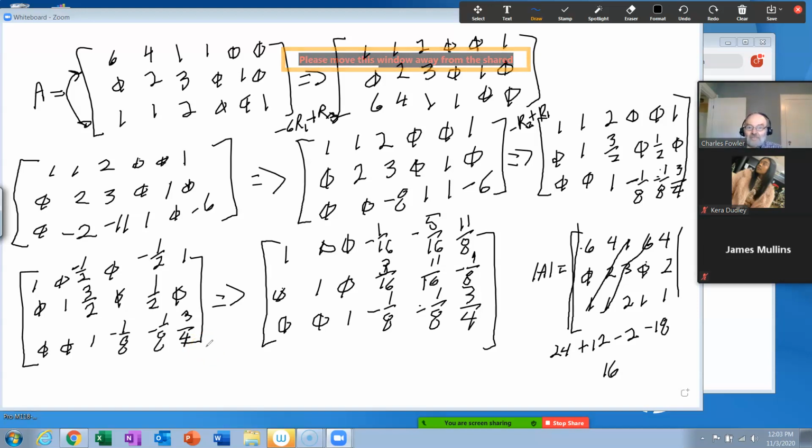Now to do the determinant of the inverse, and there's no guarantee this is going to be right, but I'm going to try it. I'm going to factor out a -1/16 and do a determinant of what's left. 1, 5, and I think it's a -22.